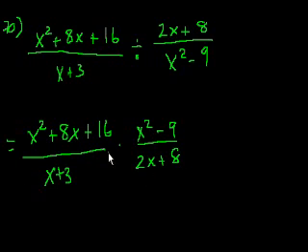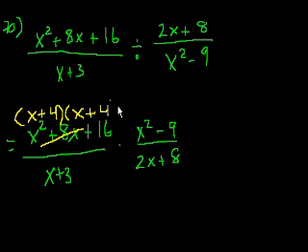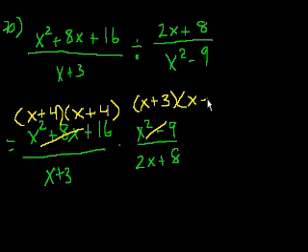Fair enough. Now let's see if we can simplify these a little bit. I'll do that in yellow. 4 plus 4 is 8, 4 times 4 is 16, so this we can rewrite as x plus 4 times x plus 4. X squared minus 9, that's a squared minus b squared, so we can rewrite this as x plus 3 times x minus 3.